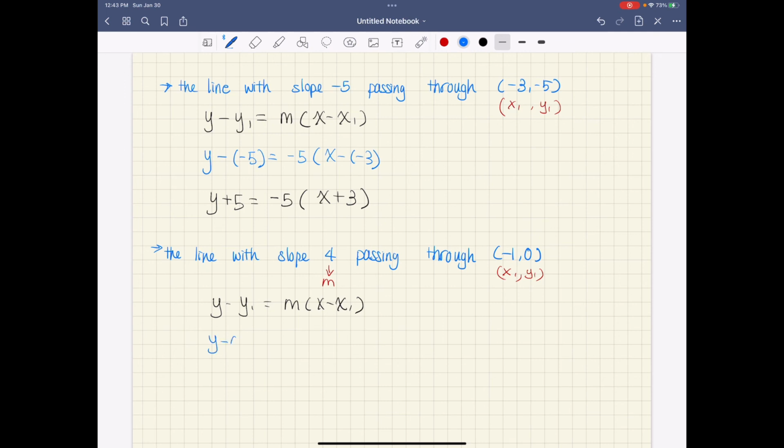So y minus 0 is equal to 4 times x minus -1. So y minus 0, basically it's y, so y is equal to 4 times x plus 1. Okay, that's it.